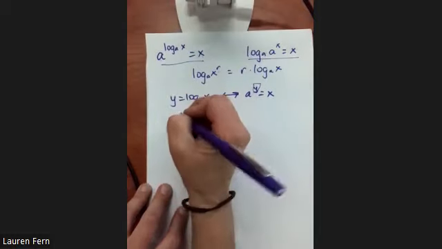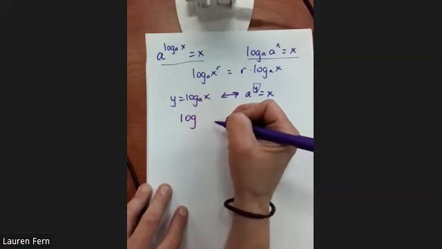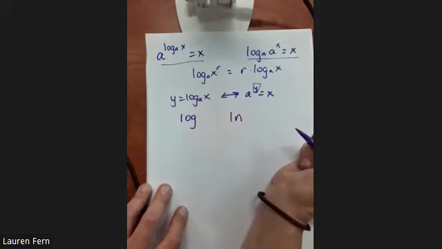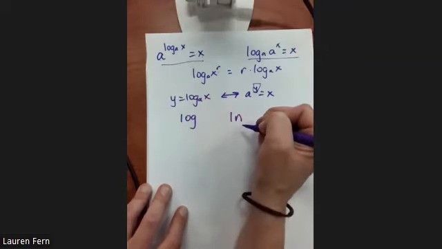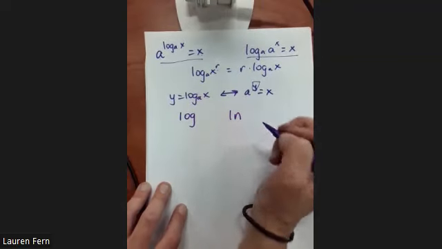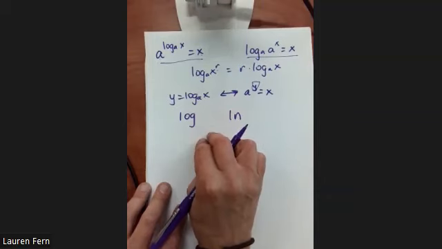Now, in general, you're either going to take the common log, which is log base 10, or you're going to use the natural log, which is log base e. The reason those are the ones you use is because those are the ones your calculator can compute.